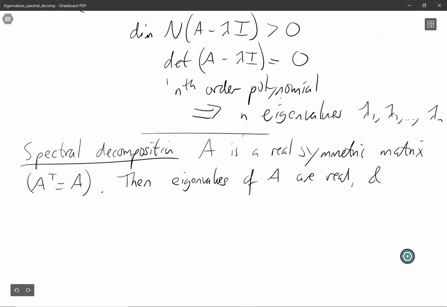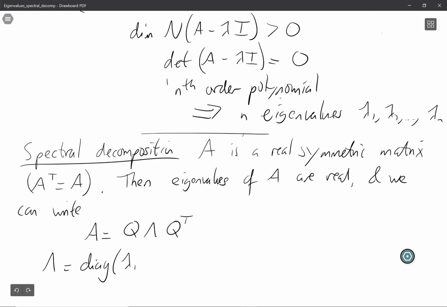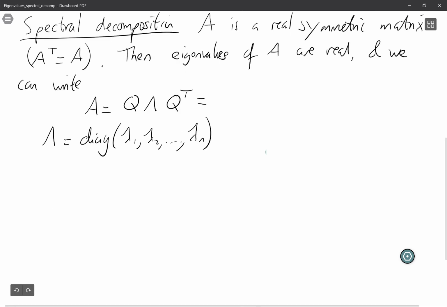That means we can write A as Q lambda Q transposed, where capital lambda is the diagonal matrix of eigenvalues of A, and Q is the matrix consisting of unit eigenvectors of A as columns.